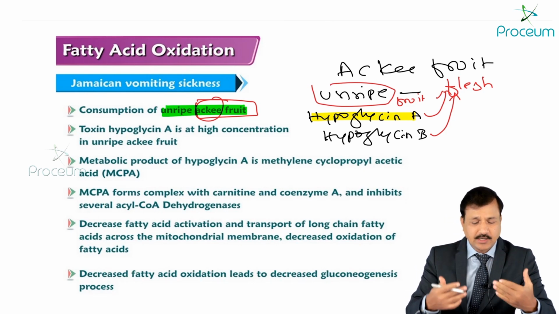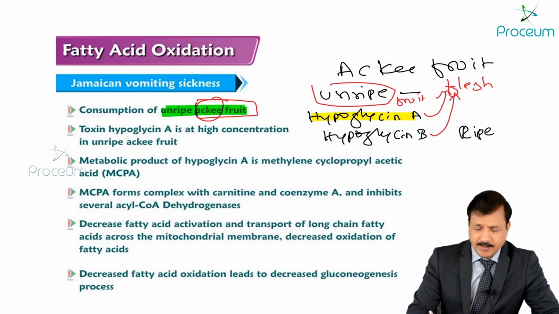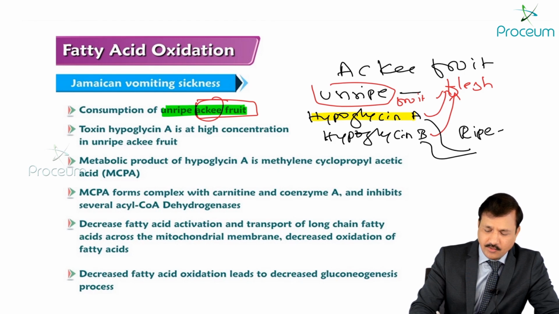When the fruit ripens, what happens? When the fruit ripens, hypoglycin A and hypoglycin B will be found in the seeds of the fruit. They move from the flesh to the seeds.